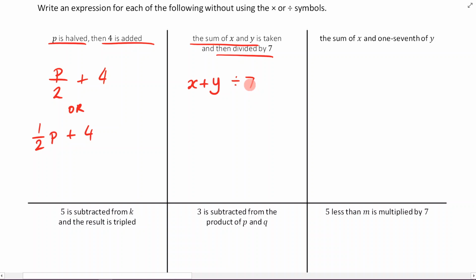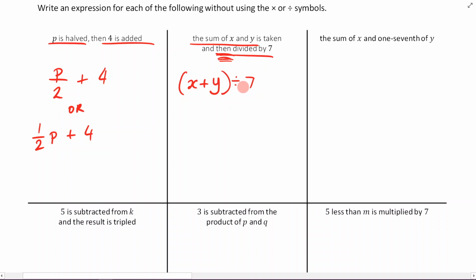The reason why, because of BIDMAS. BIDMAS tells us that we would have to do the division first in this case, right? We would have to go y divided by 7 plus x. But based on this word description here, what we first want to do is this x plus y. So that means we're going to have to put brackets around this sum. And then that tells us first go the sum of x and y, and then divide by 7.